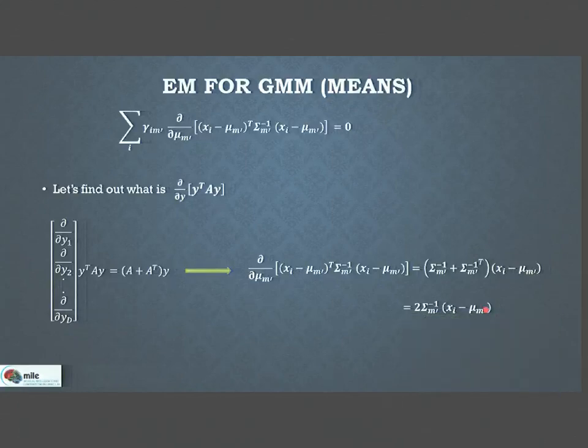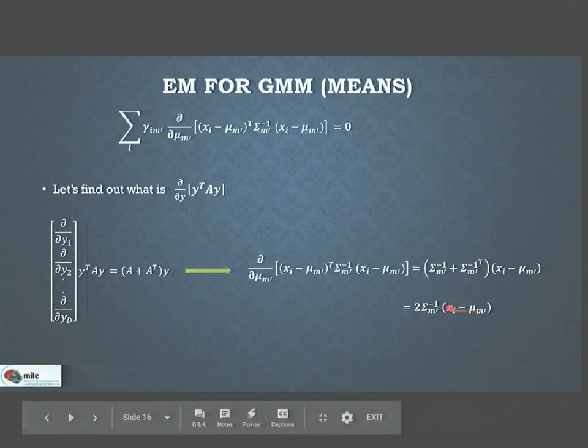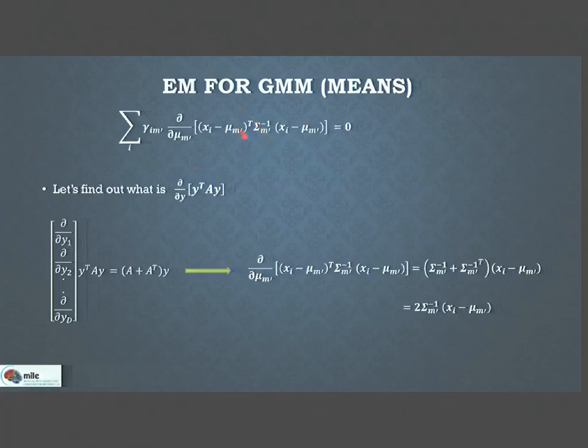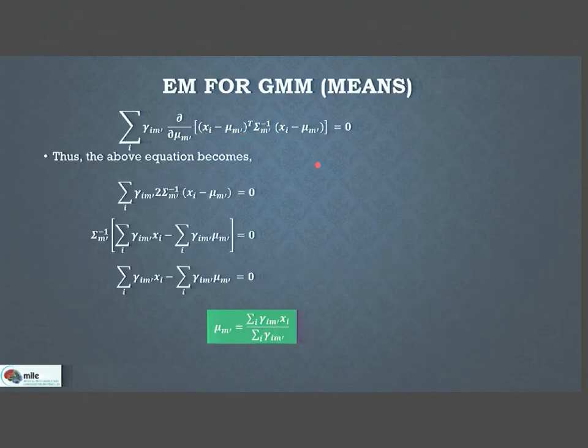So just substituting this term here instead of this partial derivative, we'll get whatever the posteriors that we have, into whatever derivative we have taken here, 2Ay, which is 2 sigma m inverse xi minus mu m.